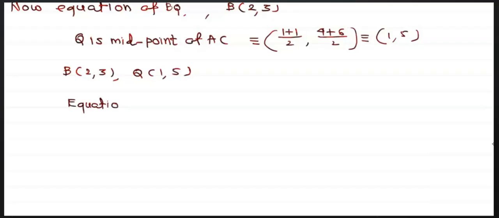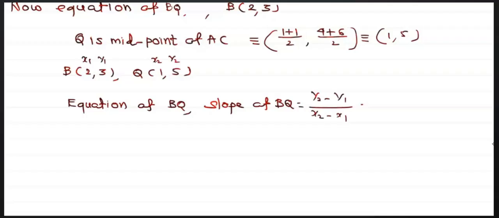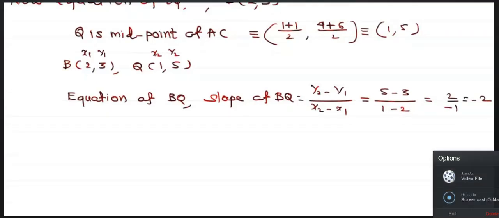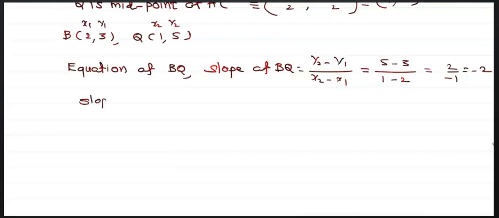Slope of BQ is y2 minus y1 upon x2 minus x1, 5 minus 3 upon 1 minus 2, that is 2 upon minus 1, equal to minus 2.